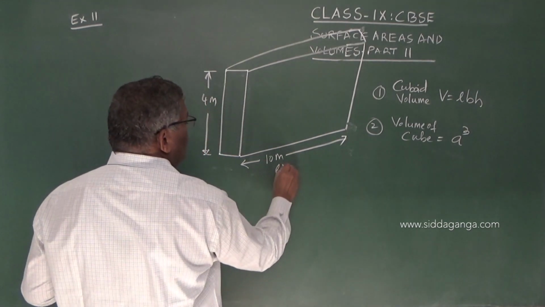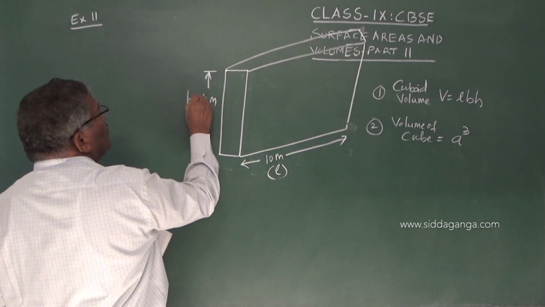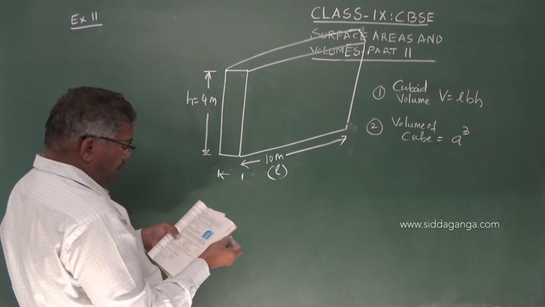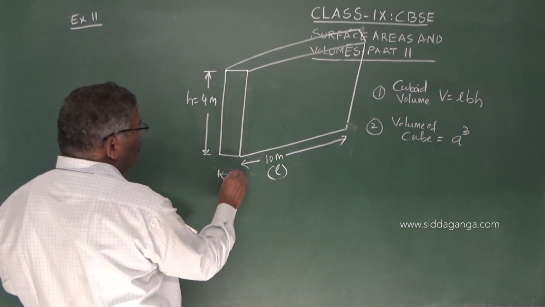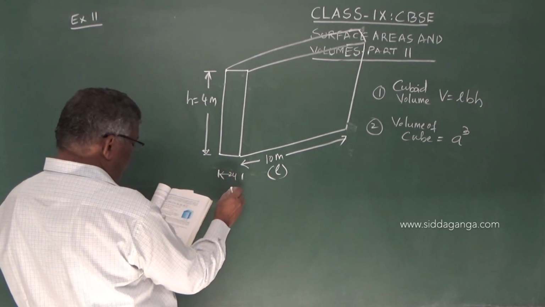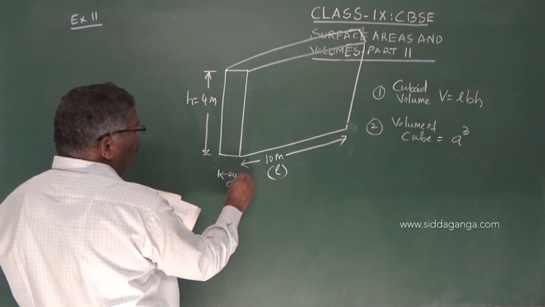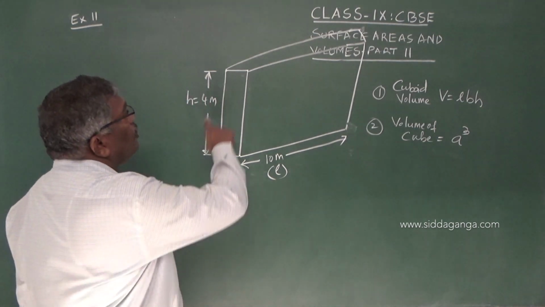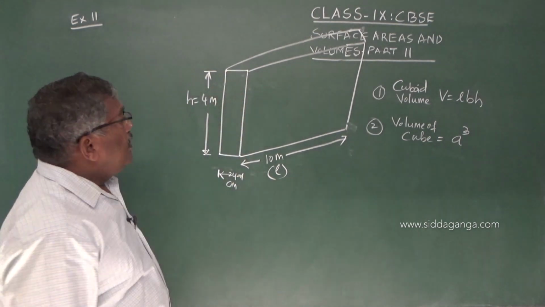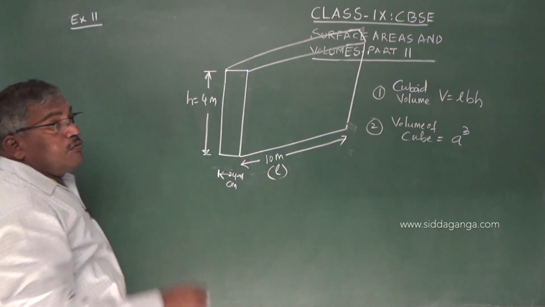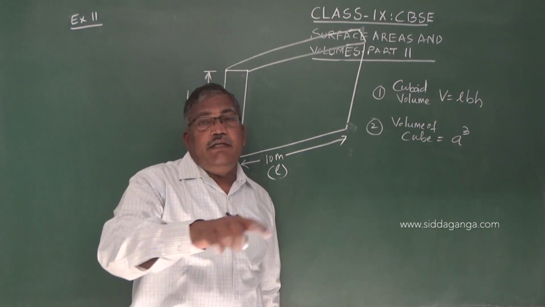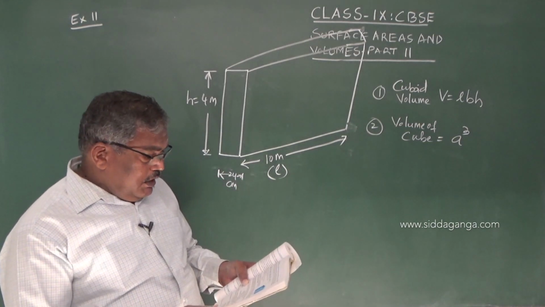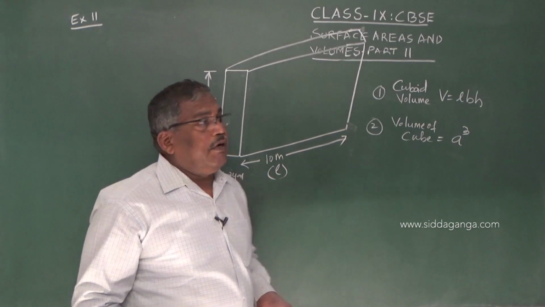This is L, this is H, and thickness of the wall is 24 centimeter. Now we have to calculate the total volume of the wall and the volume of each brick. Divide the first one from the second one. You will find the number of bricks required.